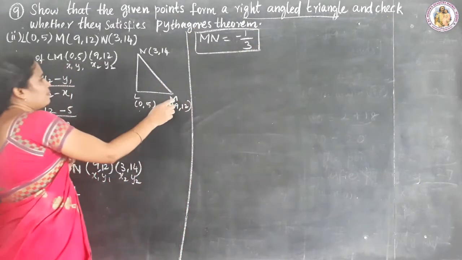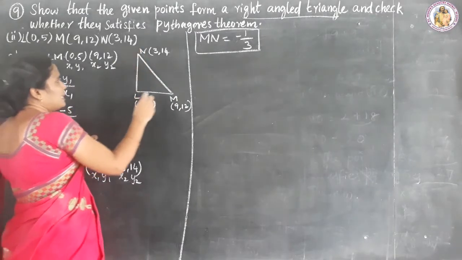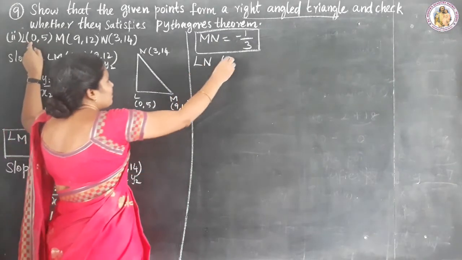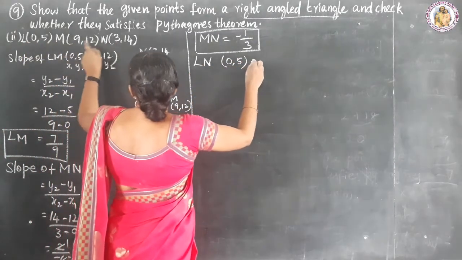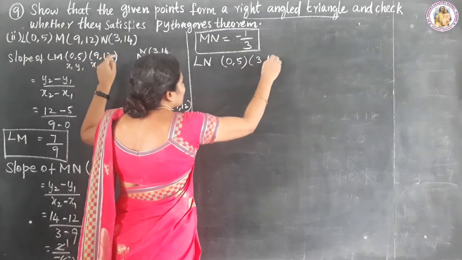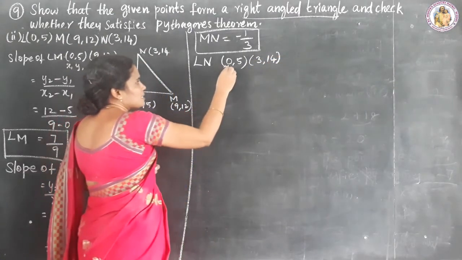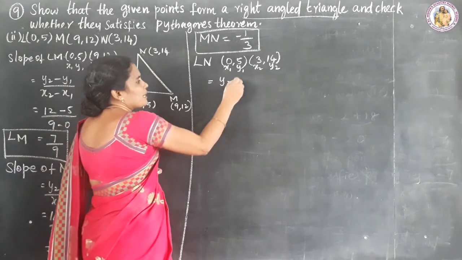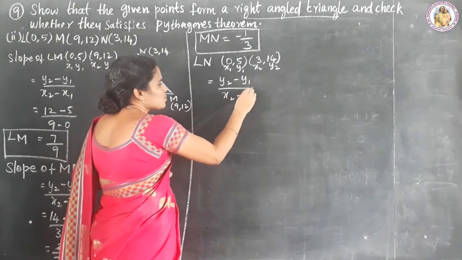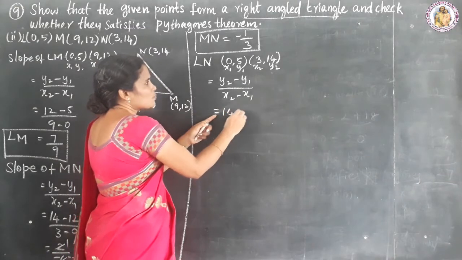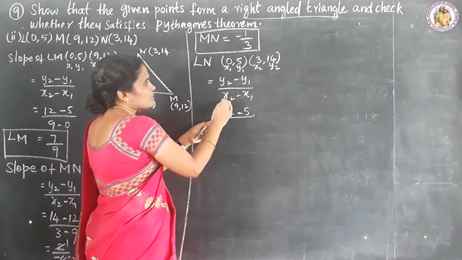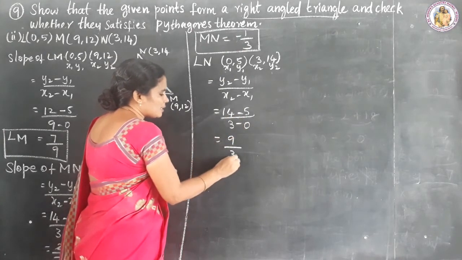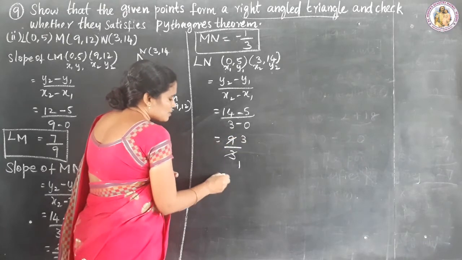After LM and MN, find LN. LN is 0, 5 and 3, 14. Taking this as x1, y1, x2, y2, slope is y2 minus y1 divided by x2 minus x1. y2 is 14 minus y1, 5, divided by x2, 3, minus x1, 0. So 14 minus 5 is 9, 9 by 3, 3 ones are 3, 3 threes are 9, is equal to 3.